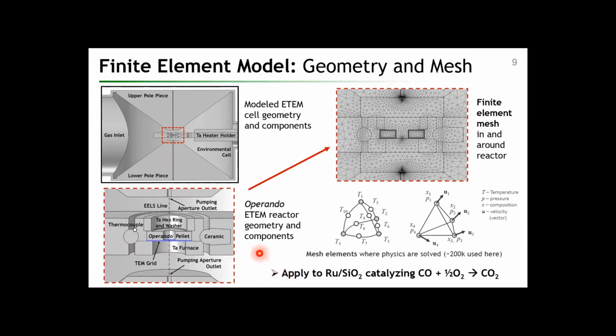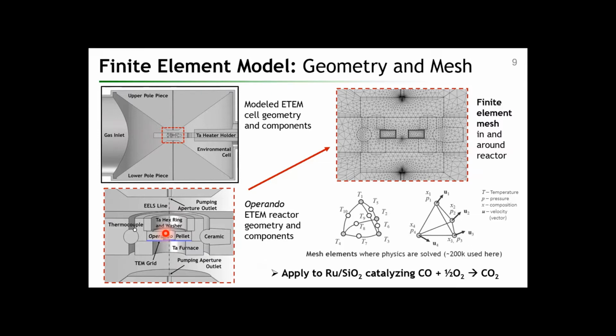For this project, we applied it to a ruthenium on silica catalyst, again for CO oxidation. To give a general idea of what's going on here, gas is flowing into the environmental cell from the inlet, and there's catalyst loaded in the pellet. We're going to increase the temperature of the furnace, and the catalyst in the pellet is going to start to produce products.